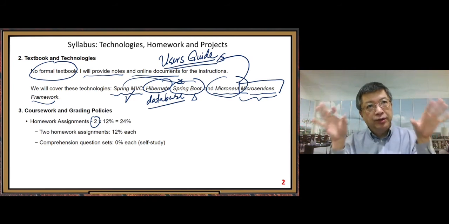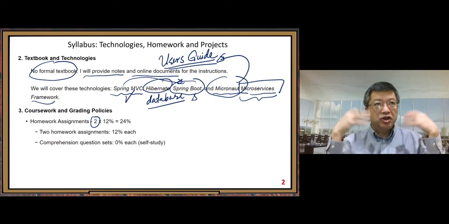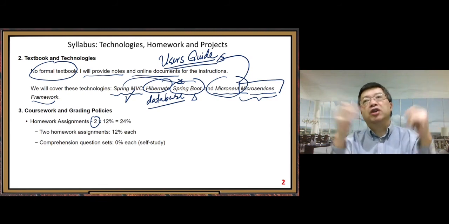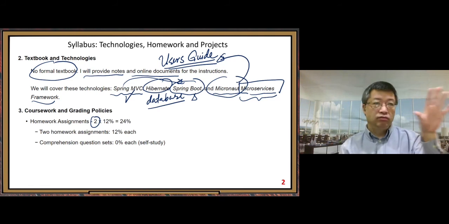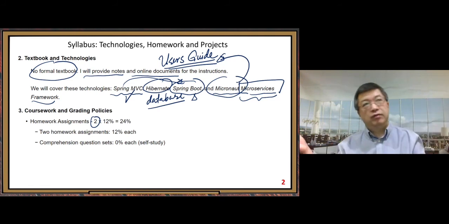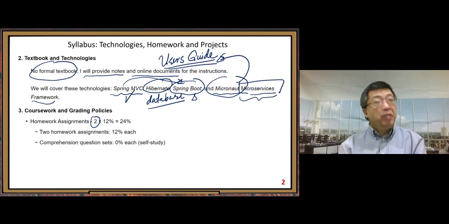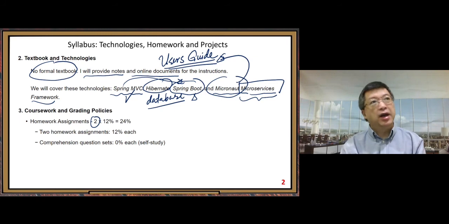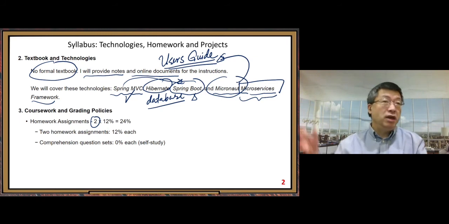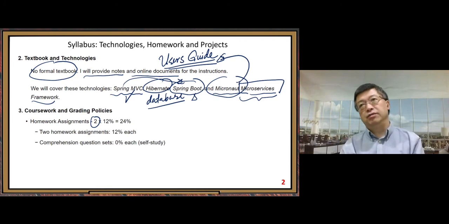Preparing for these 2 tests, I just give you 2 homework assignments. That number is pretty small, 1 for each test, the minimum, because we have a lot of other things to do. For that reason, I cannot give you too many homework assignments.